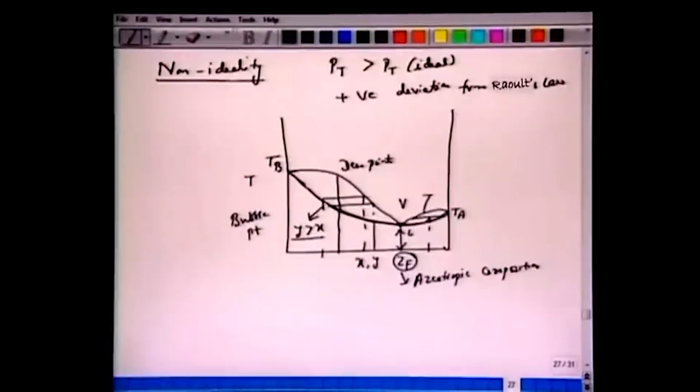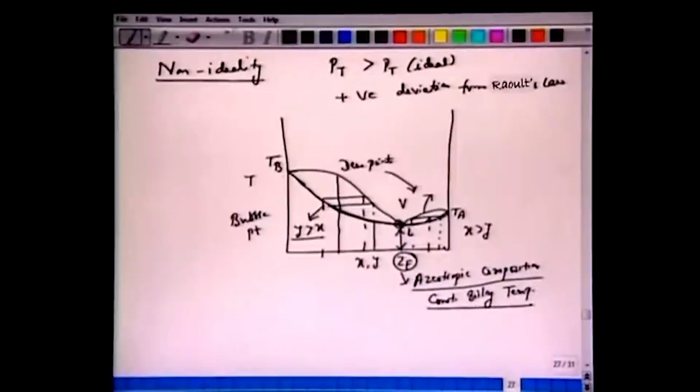This is also a dew point curve, and this is also a bubble point curve here. Now we have X greater than Y, and if you have a mixture here, that means there is no separation at all. Entire liquid is converted into vapor. This is azeotropic composition, that's why it's also known as constant boiling temperature.